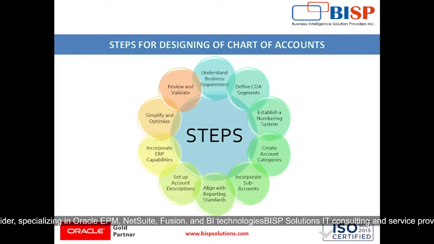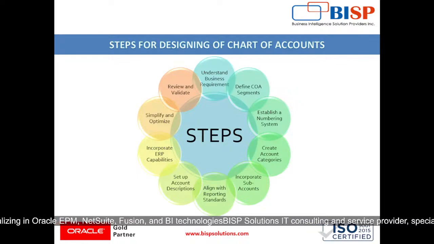Then product A revenue we will be mentioning, so we will be providing number as 4110, and for product B revenue we will be providing 4120. Then align with reporting standards, so we ensure the CoA complies with relevant accounting standards like IFRS and GAAP for statutory reporting, and tax regulation for compliance.